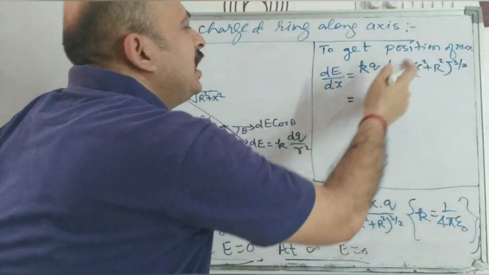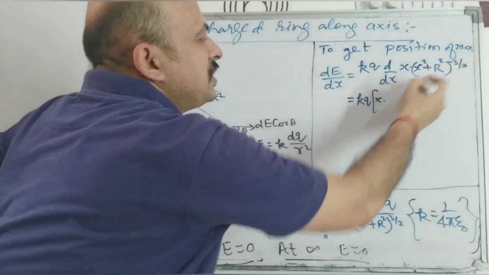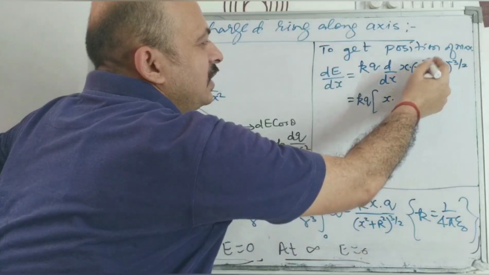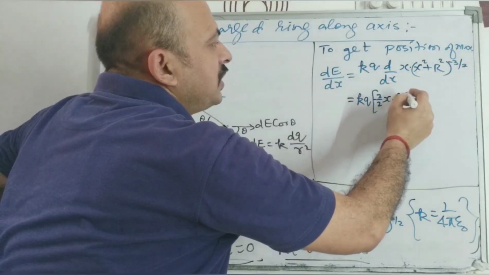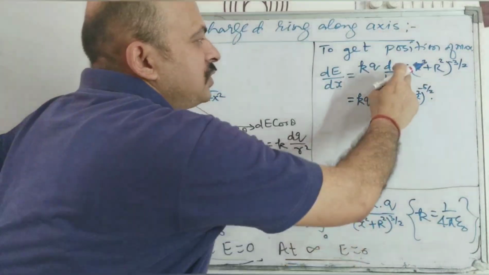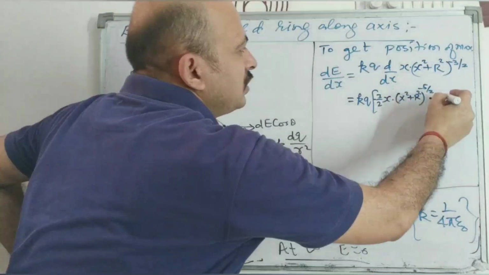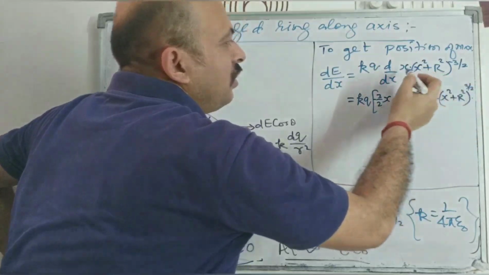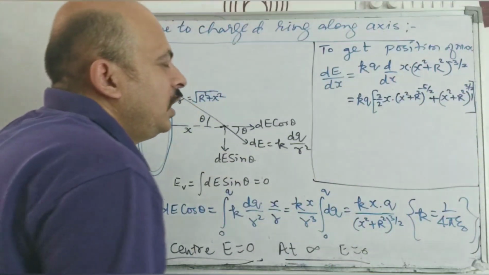Now if you calculate dE by dx, kq, first function into differentiation of second, that is x into minus 3 by 2 (x square plus r square) to the power minus 5 by 2 into 2x, plus second function into differentiation of first, that is 1. And that should be equal to 0.